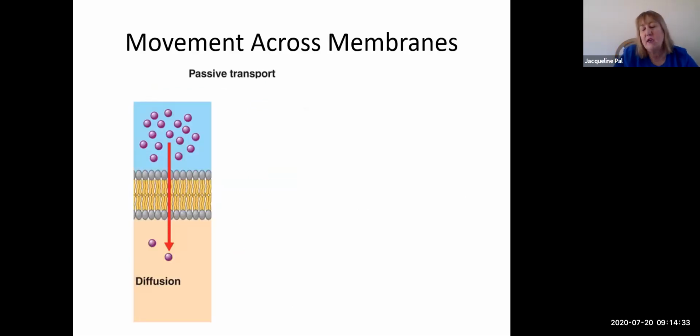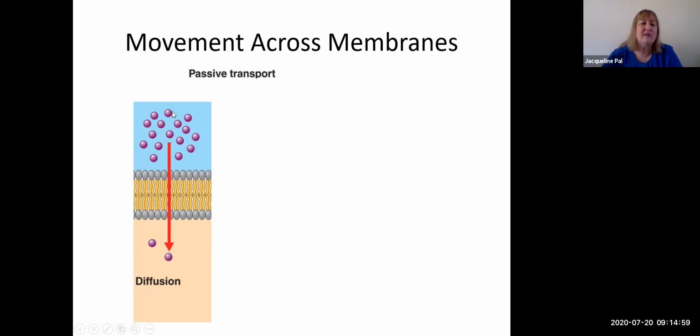When we're talking about movement of things across the membranes, there's a whole vocabulary, half a dozen different words we're going to use. The first term is passive transport. Passive transport means there's not going to be any energy required for this to move. There are a couple of different types of passive transport. The first is called diffusion.